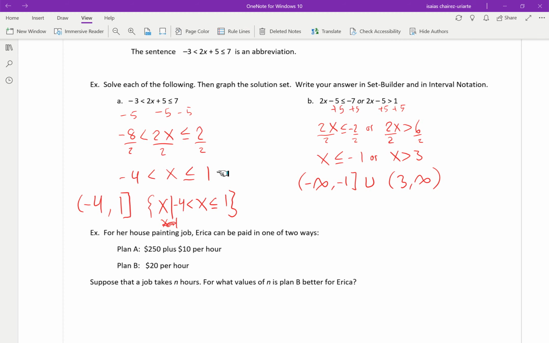I kind of want to say that in the set builder notation. The interval notation is fine though.